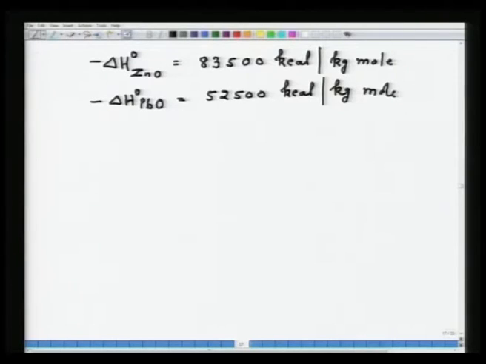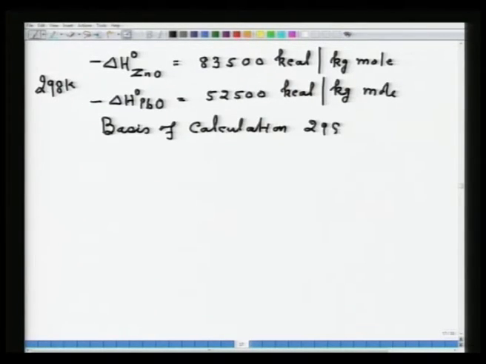They are given to you at 298 Kelvin. So, our basis of calculation is also 298 Kelvin. The basis of calculation of the heat balance is 298 Kelvin. That means those reactants which are entering at 298 Kelvin, their sensible heat will be 0.